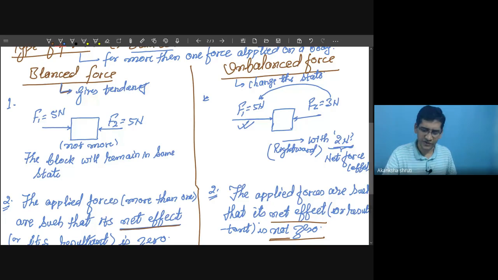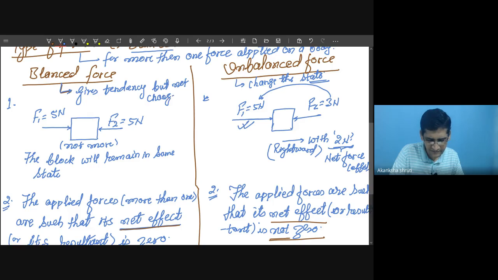So the ultimate effect of unbalanced force is to change the state, but the effect of balanced force is just to give the tendency. The body will actually not change its state, but it just gains a tendency and tries to change the state, but it will not change its state.